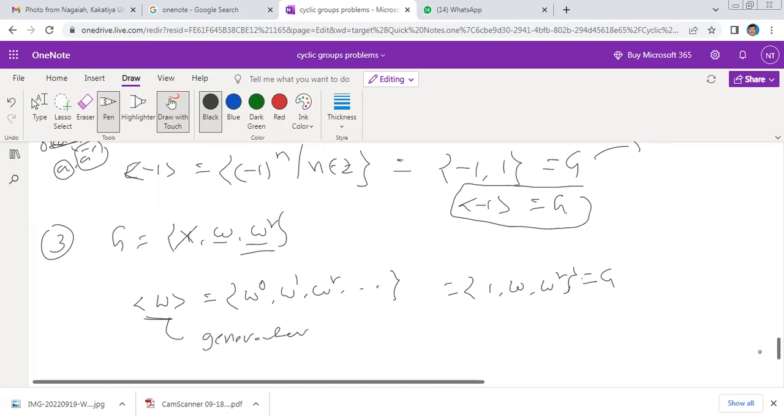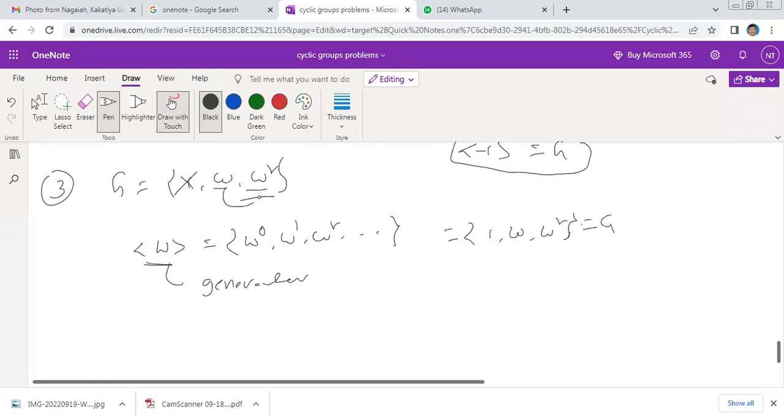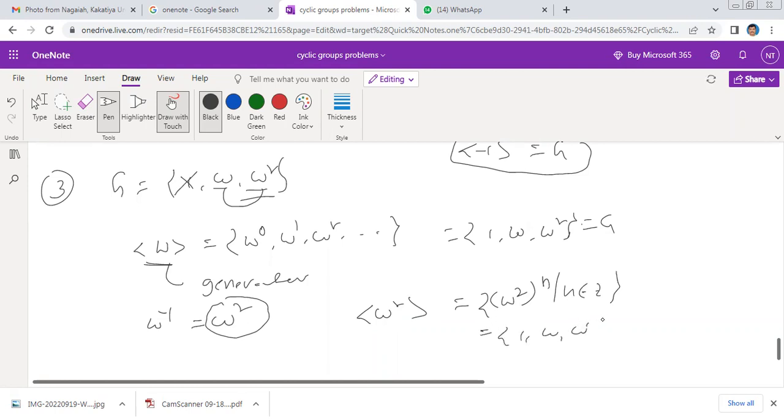What is the inverse of omega? Can you say, anybody? Omega inverse is what? Omega square. Omega inverse is omega square, so omega square is also a generator of this group. You observe here, omega square to the power n such that n belongs to Z gives again {1, omega, omega square}.